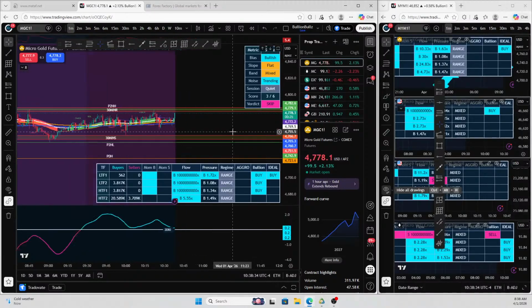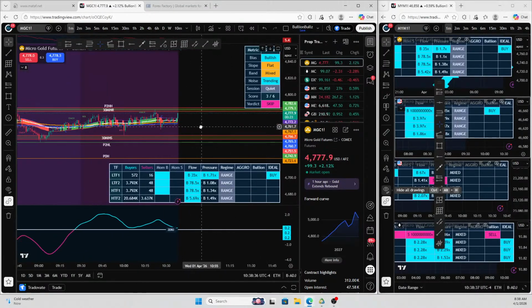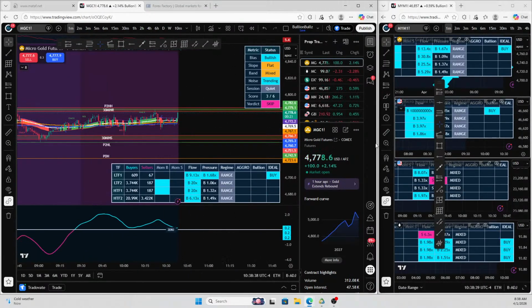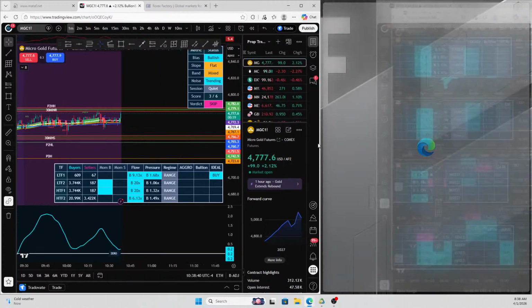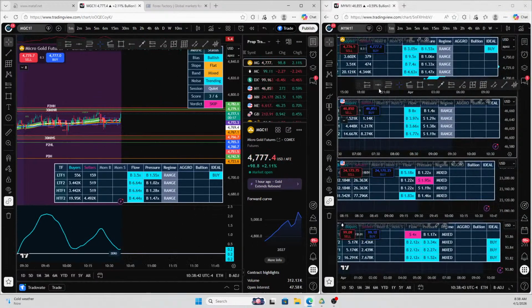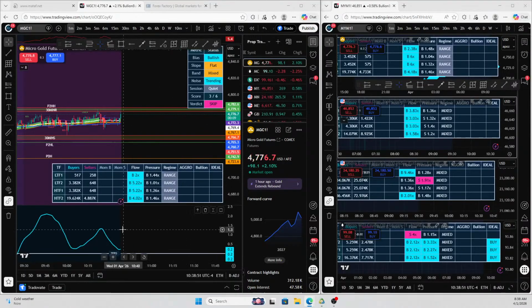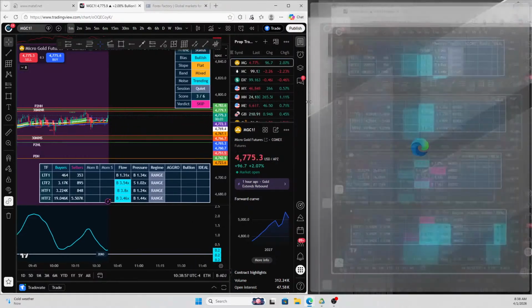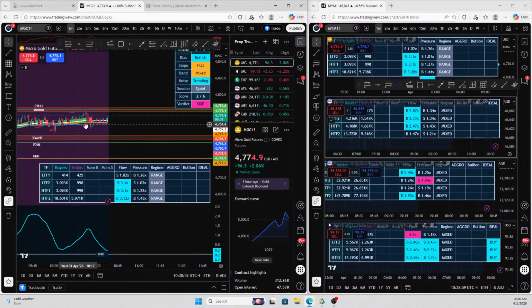Maybe the market is just pricing in the US's exit out of the equation, but let's see why the market is making this move. We'll know exactly how that plays out. For right now, we're in a range. We're trading in this 30-minute range. We are starting to see volume coming in, but we're not seeing any clear price action.